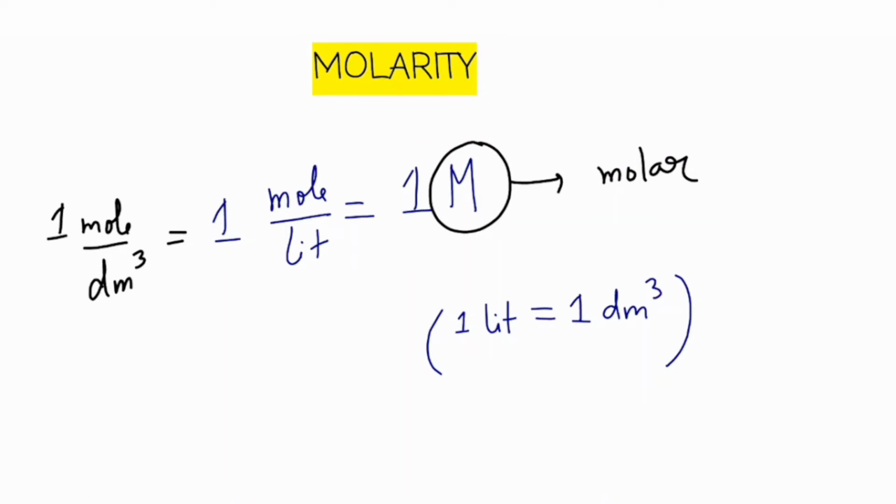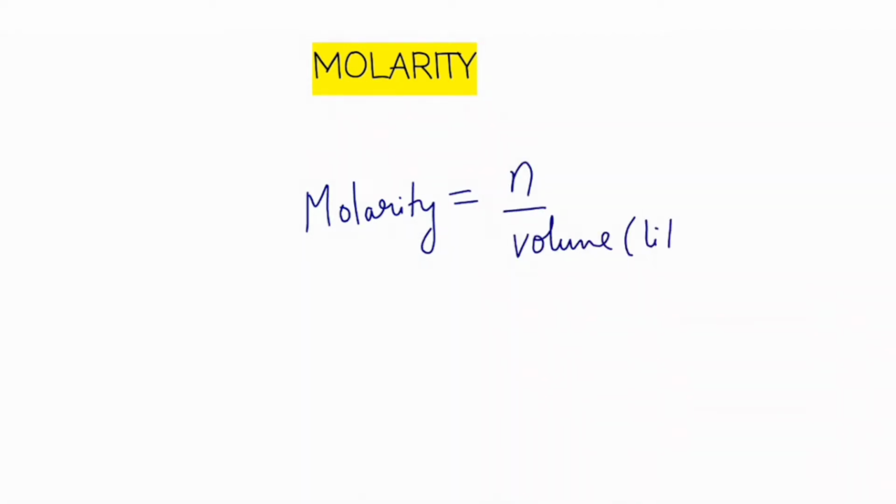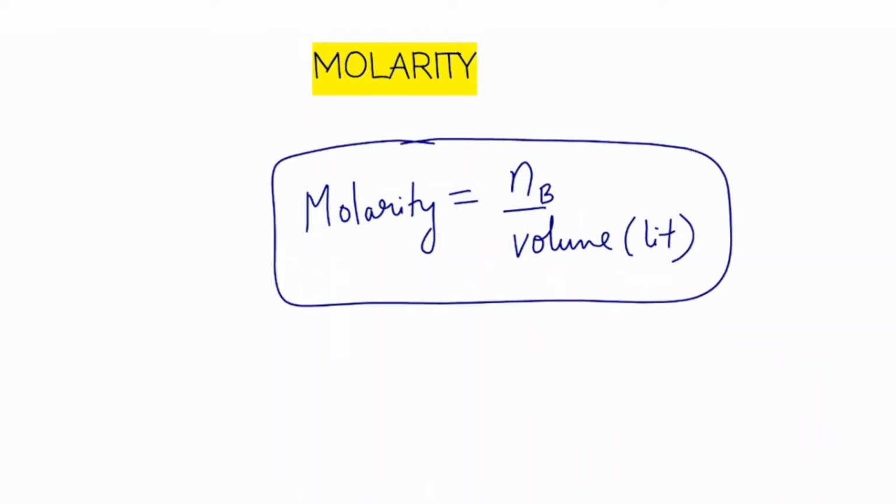Dear students, now let us see, for example, if we have molarity as n upon volume. This is the formula we have already written. Molarity is number of moles of solute divided by volume of solution in liter.